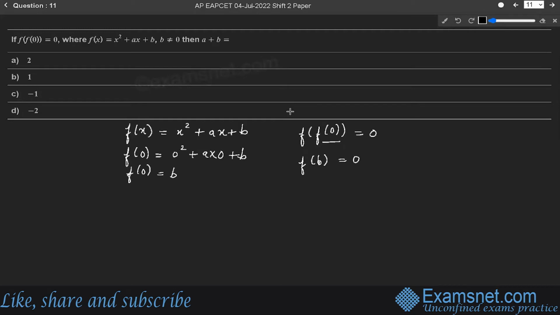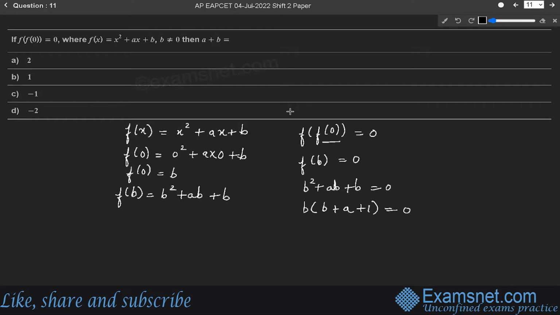So let us find f of b. f of b will be equal to b square plus ab plus b. Since it is equal to 0, b square plus ab plus b is equal to 0. Taking b common, the remaining terms will be b plus a plus 1 is equal to 0. Now there are two conditions.